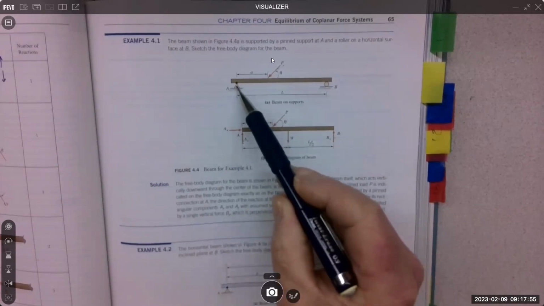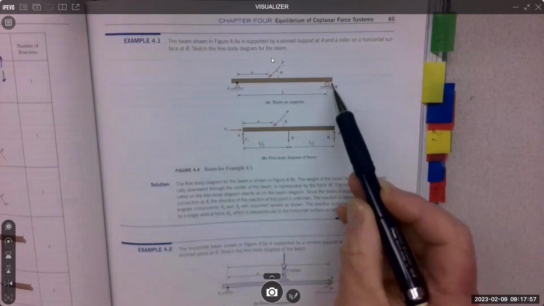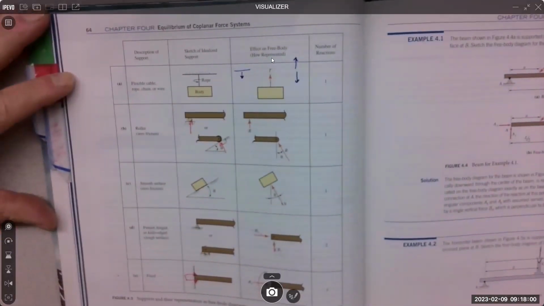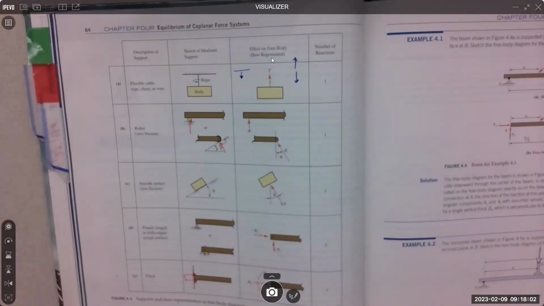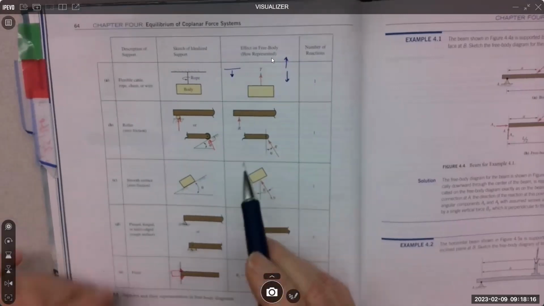There's 2 for a pin. There's 1 for a roller. That's what this table gives us, okay? If we have more than 3 reactions, we're in trouble because we only have 3 equations: sum of forces in the X, sum of forces in the Y, and sum of moments. Okay? All right. So let's keep going.